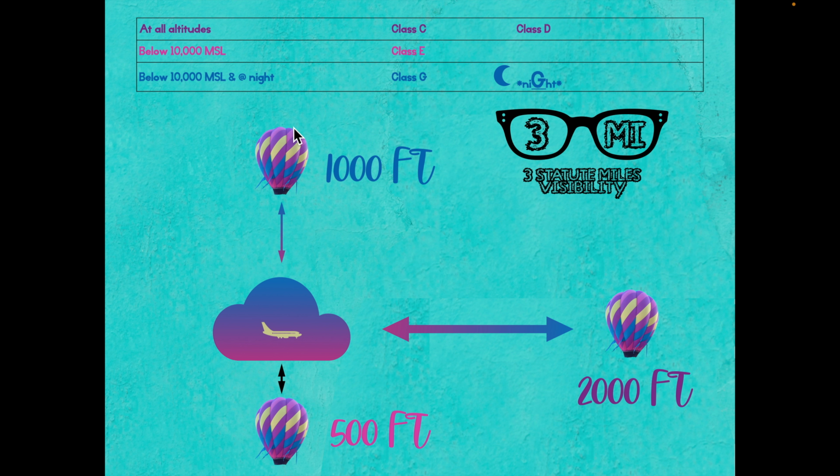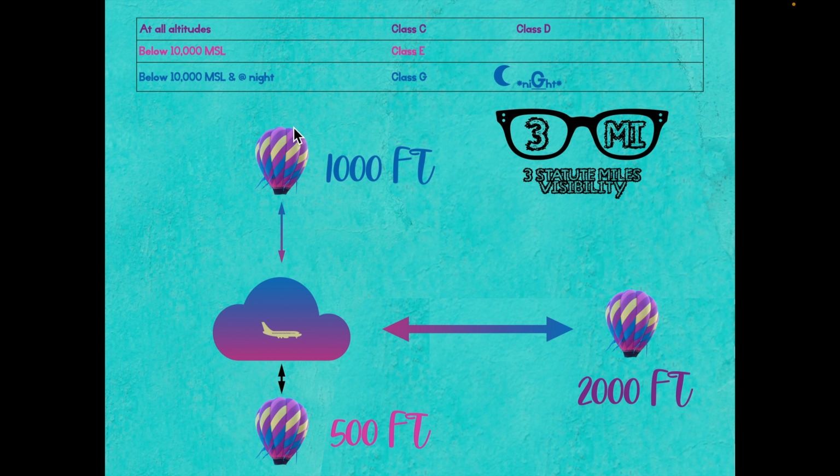So if I am in a Class C airspace, which would be a congested airport, if I am in a Class D, which is a smaller, lesser known airport, if I am in Class E, which is controlled airspace everywhere else, or if I am in small town USA, farmland at night, below 10,000 MSL. Oh, and for Class E, everywhere else, below 10,000 MSL.